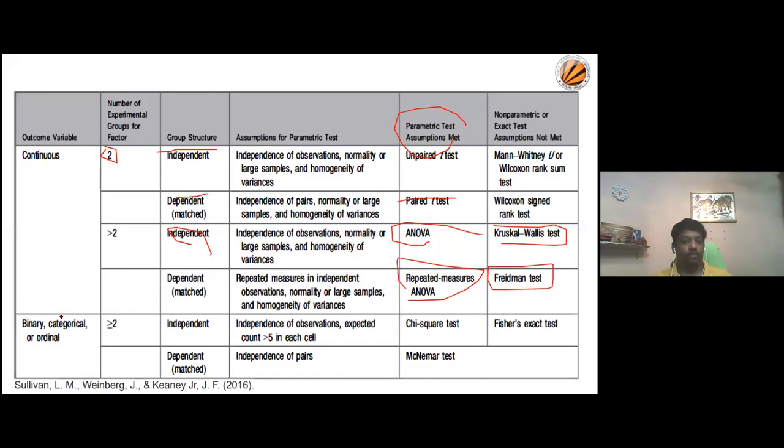And if you have binary data, if the groups are independent, use chi-square, or if it is non-parametric for this, the Fisher's exact test. If it is dependent, matched pairs, then use the McNemar test. So this gives an overview of the kind of statistical tools that you should employ for your study, right?